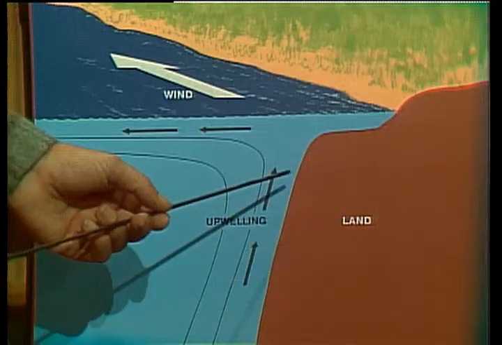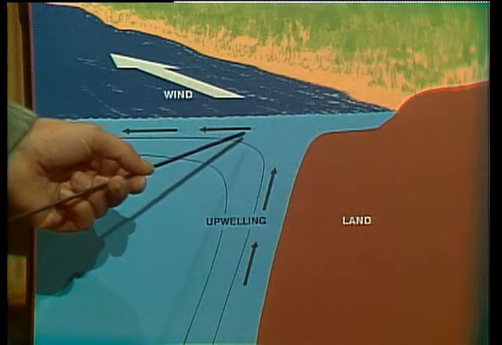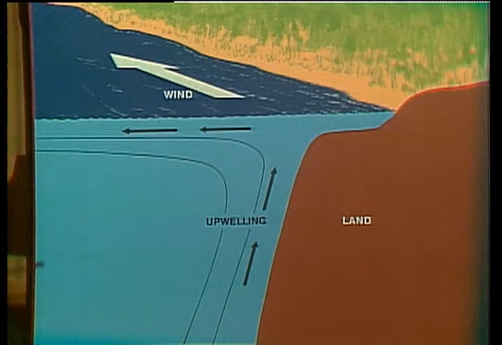And this, in fact, occurs off the coast of Peru, where the predominant wind systems are channeled up the coast due to the Andes Mountains, and are quite strong. And so the surface waters are forced off the coast out to sea.